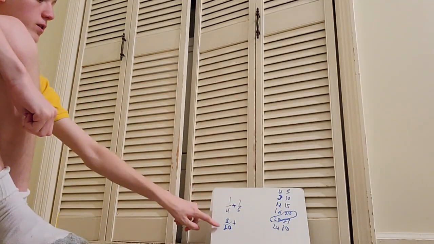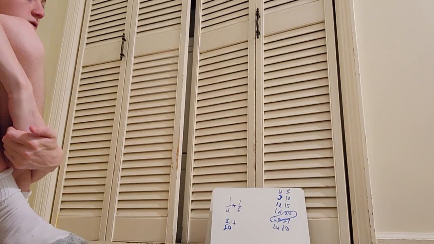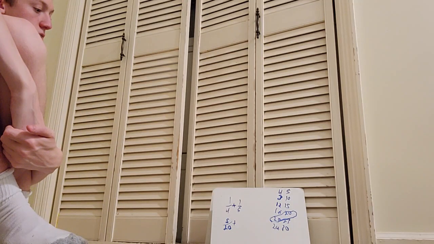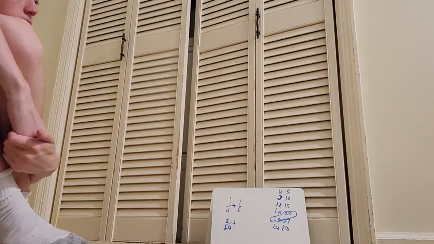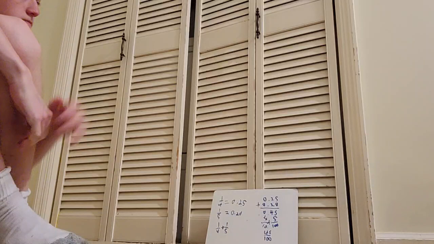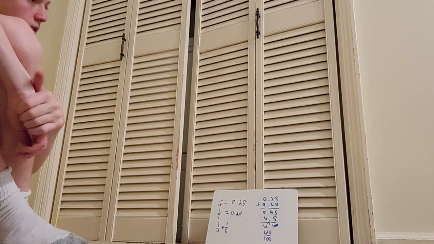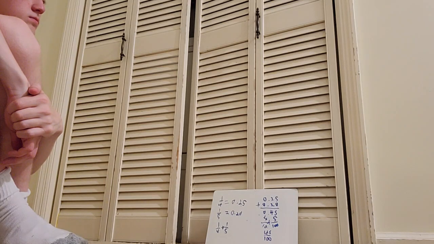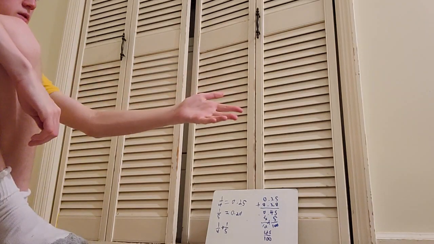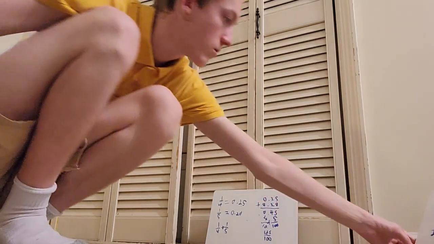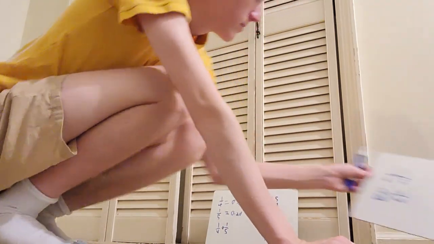We did it for 1/4 by multiplying it by 5. So what number do you multiply 5 by to get 20? 4. Okay. Now write it. Four over 20. Good job.